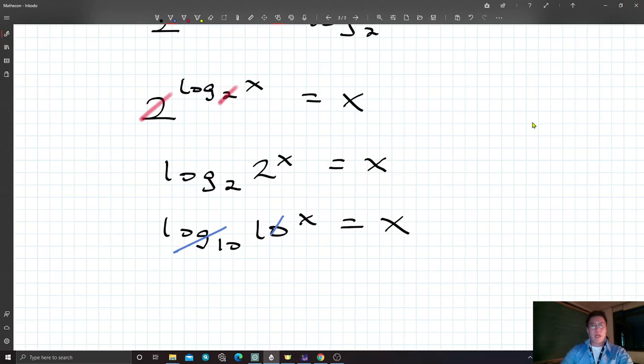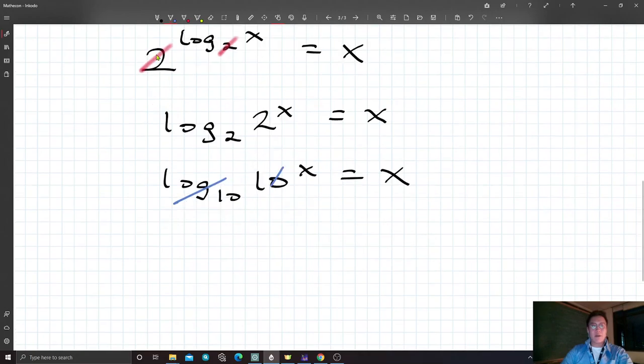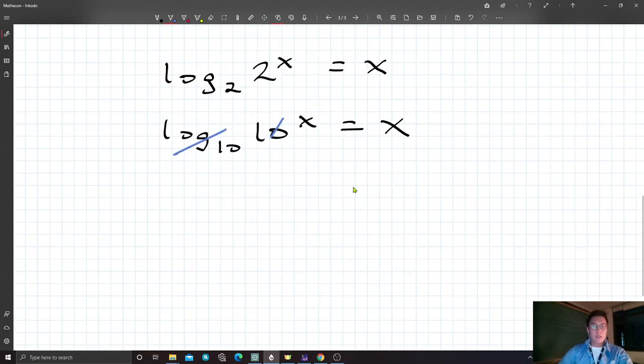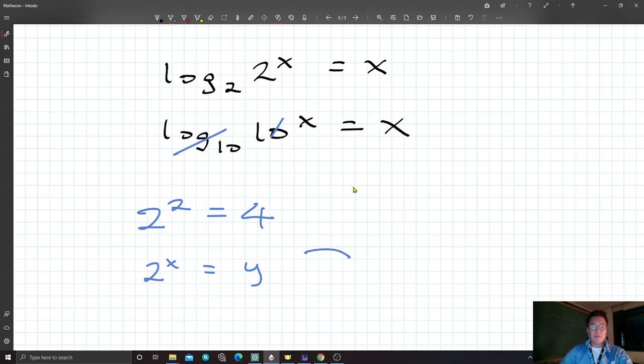Alright, so the basic idea of logarithm is, we know 2 squared is 4. So 2 to the power x is y. If we think about the inverse of this function, then we interchange x and y.